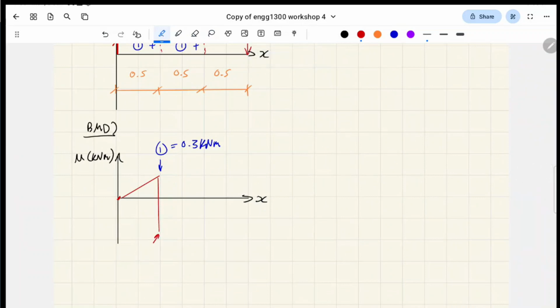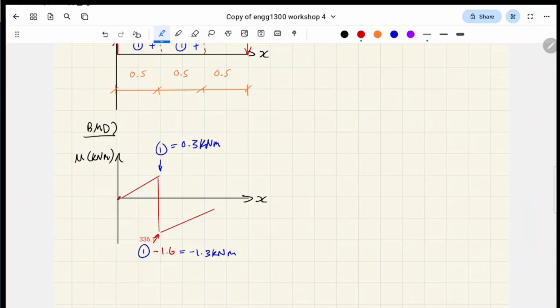So that's basically 0.3 minus our point moment, which is 1.6, which is negative 1.3, right? Actually, sorry, that might have just been more complicated. I'm just going to do that. Okay, so that's where we're at right now for our bending moment diagram.